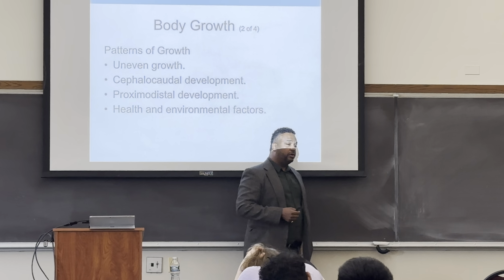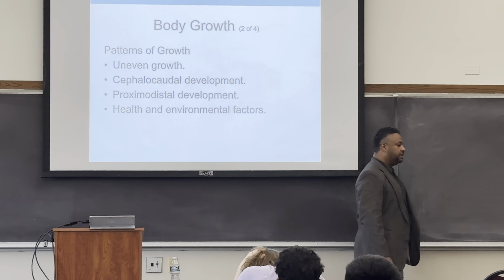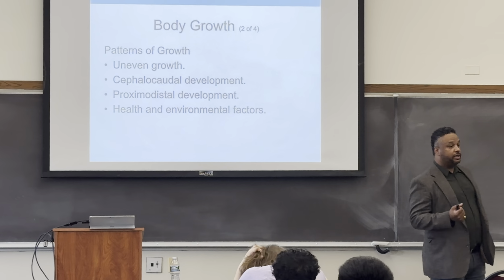Some uneven growth factors that we can observe is a small head. Is there a small head? That's a good indicator that something is terribly wrong developmentally, and we need to focus attention on that. A small body as well can indicate malnutrition, which is not good, which we'll learn more about.